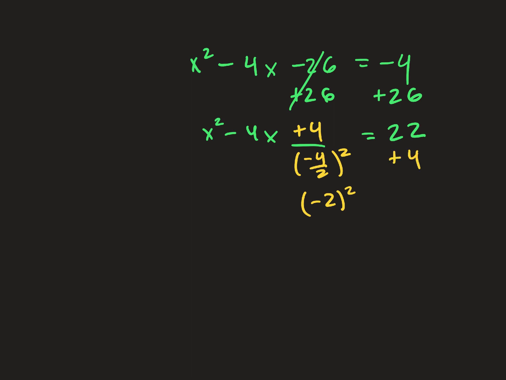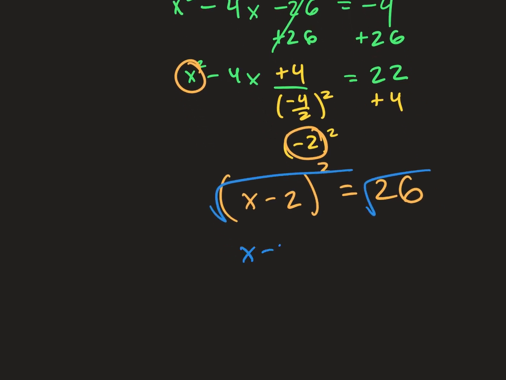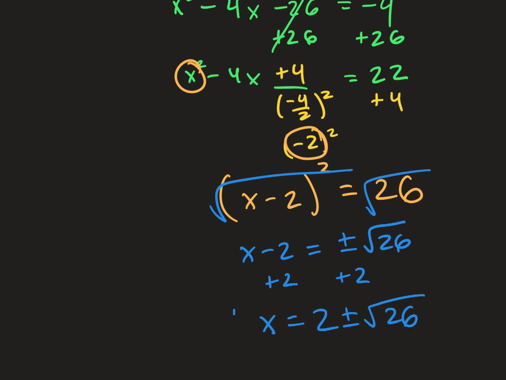Then what should I do? Awesome. X minus 2 squared, because we take the x and the minus 2. Then what? Can I take the square root of 26? No, so you just bring the 2 over. And then how do I bring the 2 over? Add 2. Perfect. Awesome.